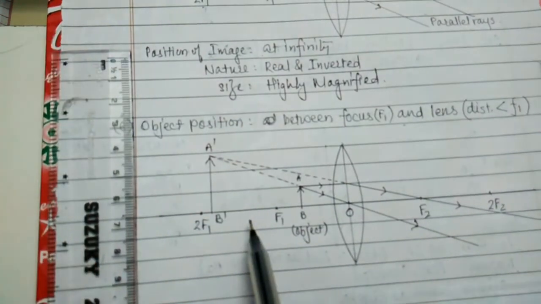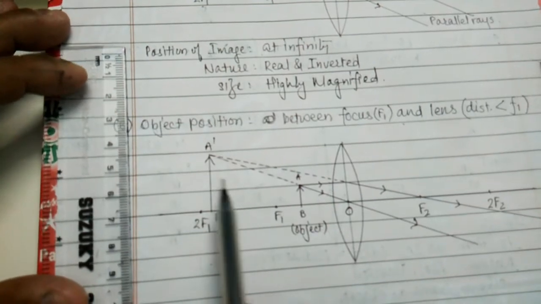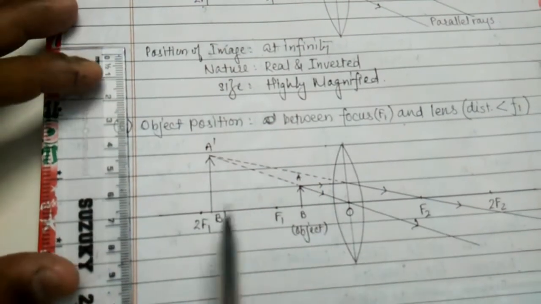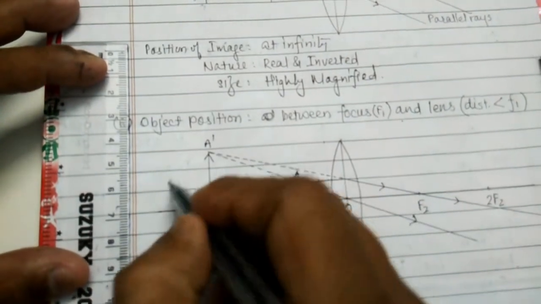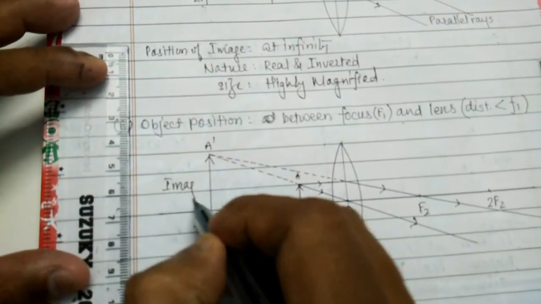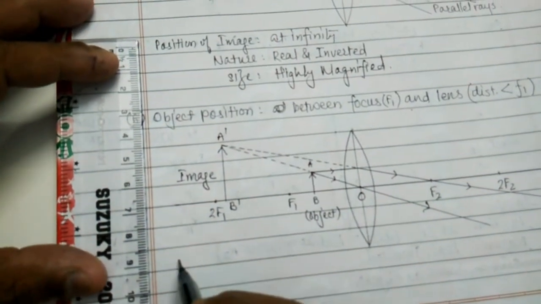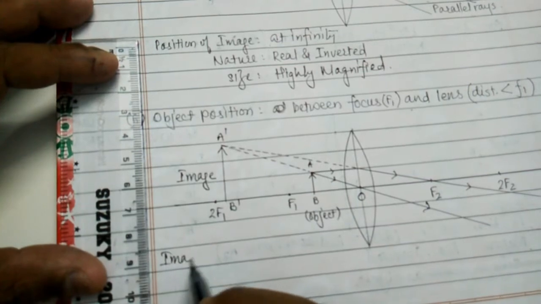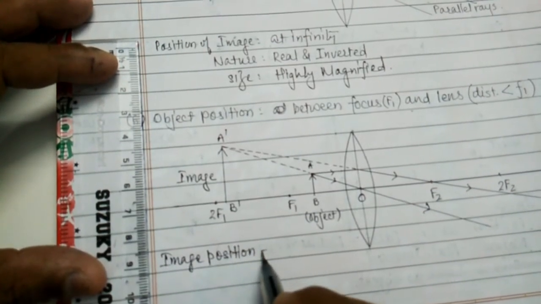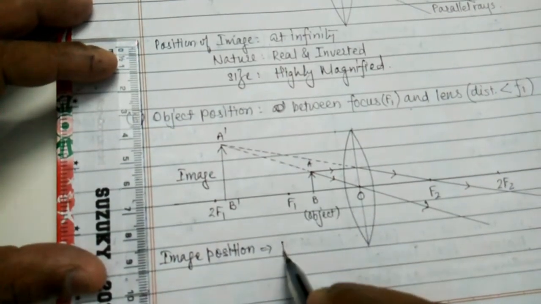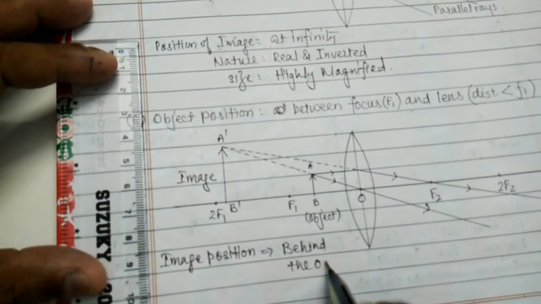The distance of the image is anywhere. Or the image position is anywhere. It is not a fixed distance. Anywhere it can be obtained. Image position: image behind the object.